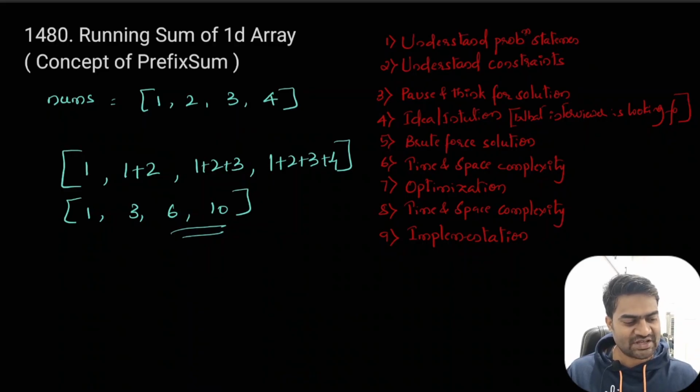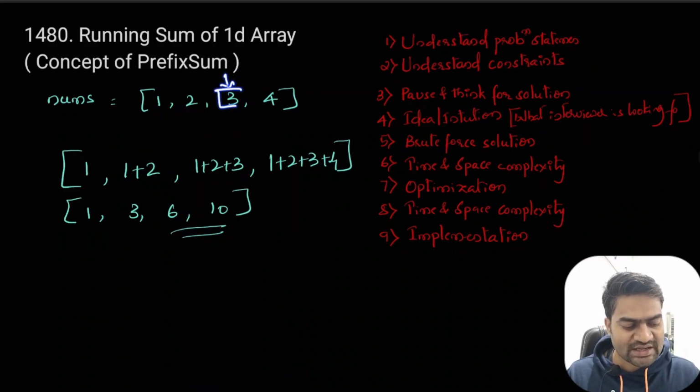It is pretty much straightforward, right? At this particular index, since it is the first number, there is nothing before it, so we will only consider this number. But if we want the running sum at this index, then we have to consider all the numbers before it. Then for the third number, again all the numbers before it. So how do we do it normally? I will put a pointer somewhere.